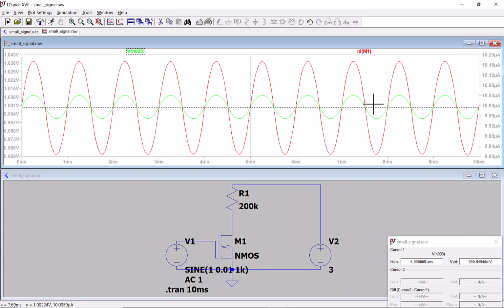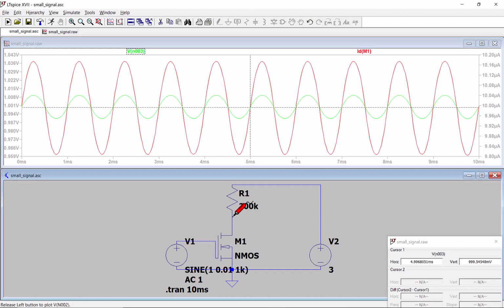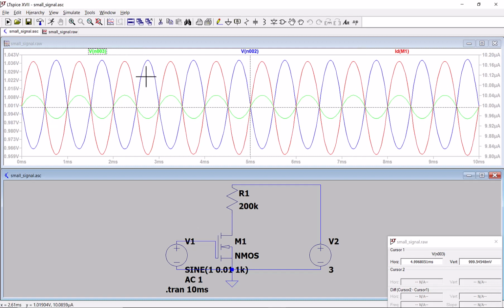Okay, so you see that for this green one, it is the input voltage. And what does it do? It actually changes the bias current, right? And later, you need to actually extract this fluctuation as your output. And we can do one more. This is the current, but maybe you are interested in knowing what is the voltage. Then you get the blue one.